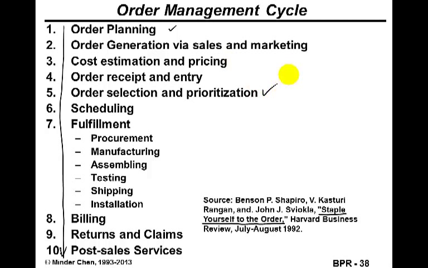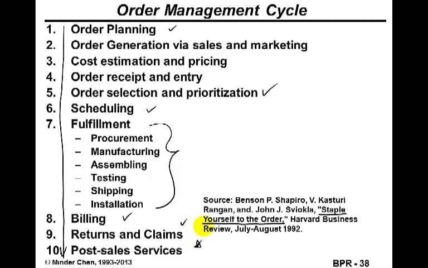it to decide which order will get your attention in terms of ship it faster, schedule the shipment or productions, and eventually fulfill the order. There's several activity involved: building the customer, getting paid, or sometimes handling the return goods or warranty claims, and as well as post-sale services.